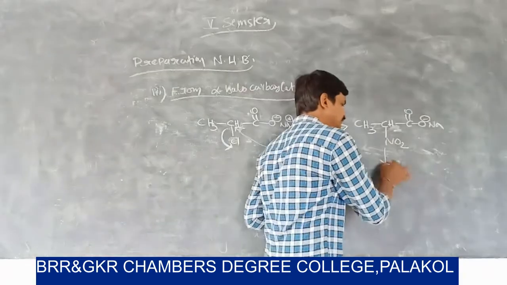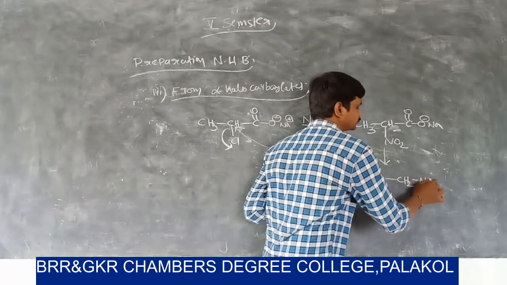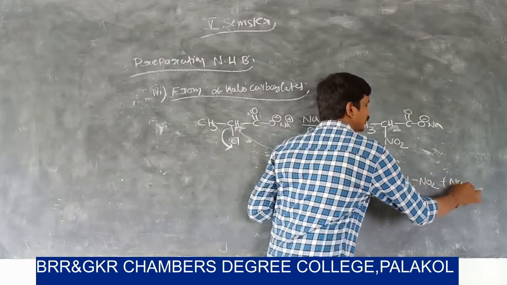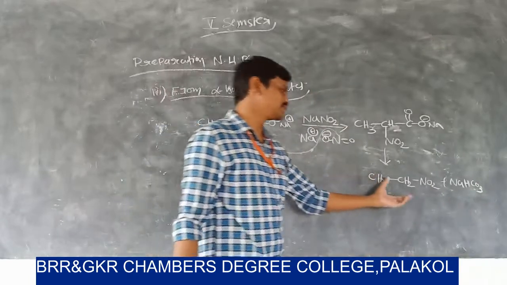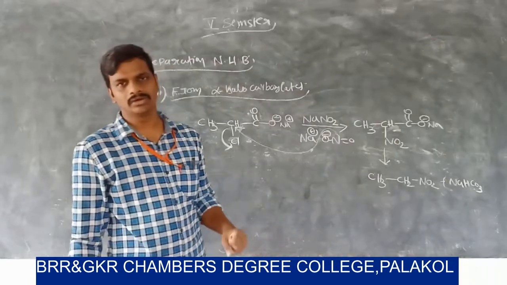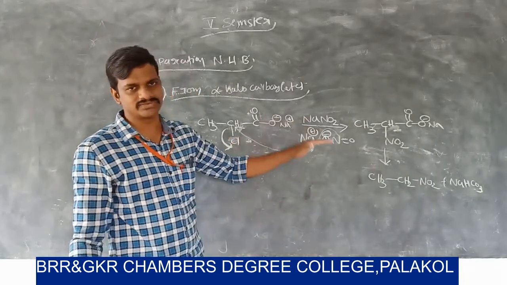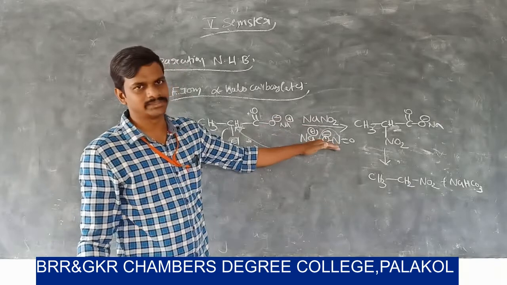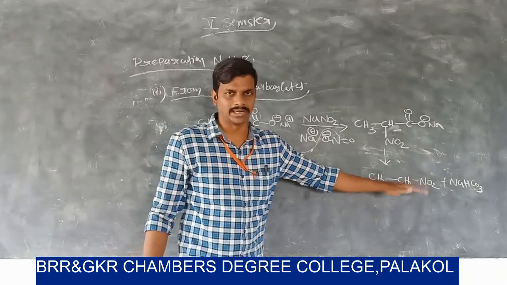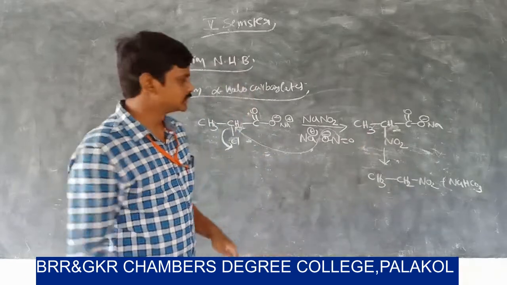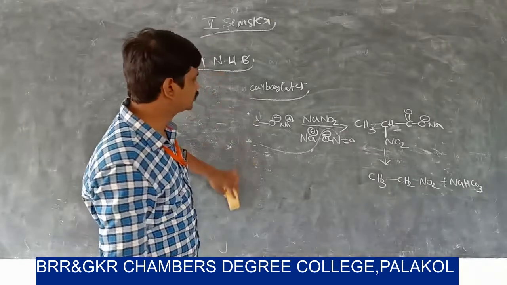On heating, this loses the carboxylate ion as sodium bicarbonate and generates nitrohydrocarbon. In this reaction mechanism, alpha halocarboxylate reacts with sodium nitrite and leads to formation of nitrohydrocarbon.